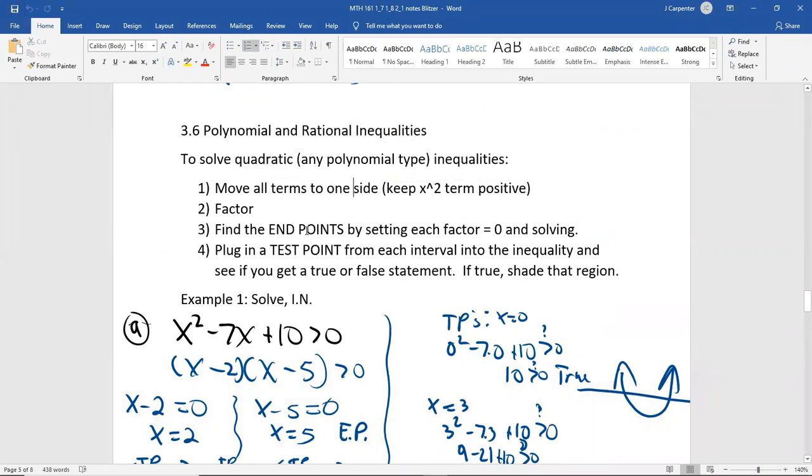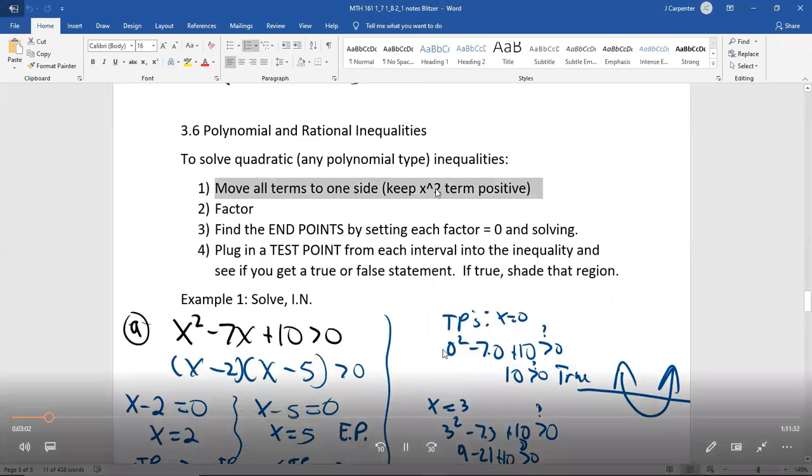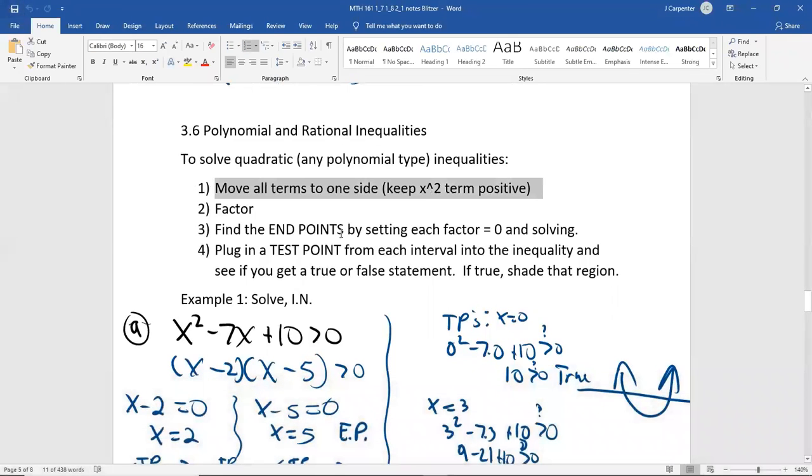I don't remember, no, I did confirm that they're all quadratic on the homework. So it's kind of like you're solving an equation and either factoring or doing the quadratic formula, in that you want everything on one side and you want the leading term positive. So again, if we're talking about a general polynomial, then when I say x squared, I should just instead say the leading term. Factor via however you need to factor, whatever method works.